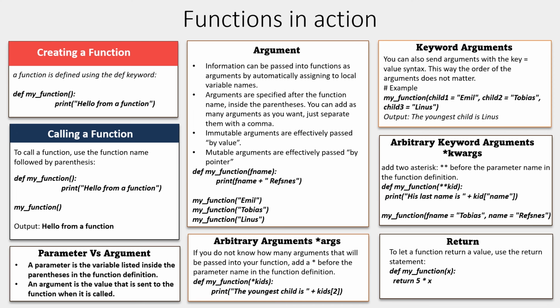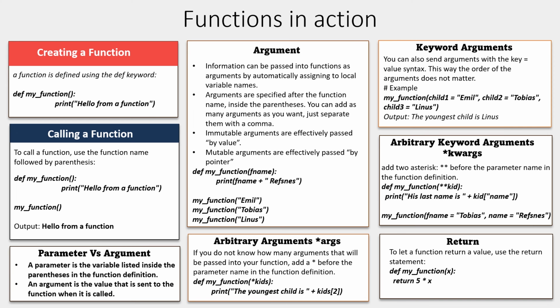To make a function, what is required? The first thing is a parameter while creating a function, and while calling a function you require an argument. We also covered what types of arguments we have, and the function ends with a return statement. So we put everything in one slide.